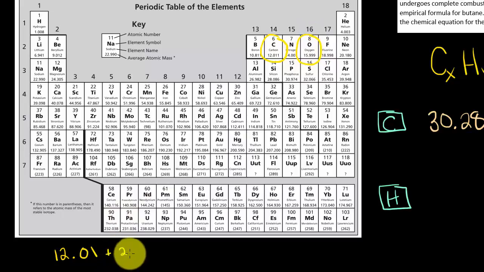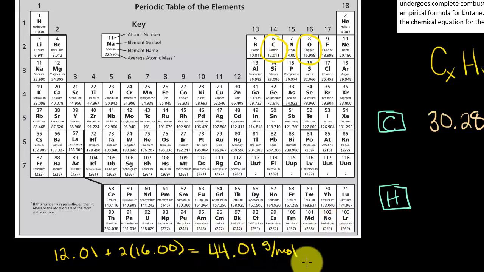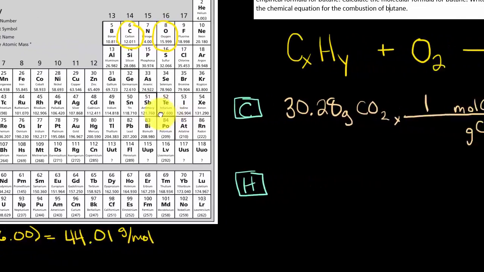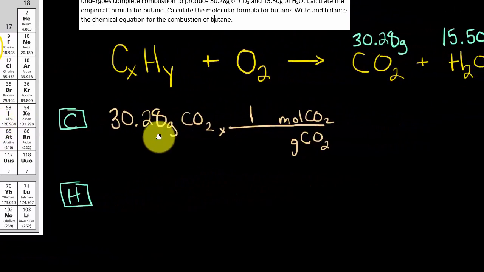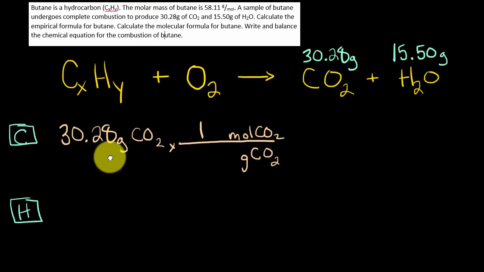We have two of them, so 2 times the molar mass of oxygen, which is 16. Our total is 44.01 grams per mole. Because we're going to be doing lots of calculations with CO2 and water, it's advisable to memorize the molar mass of CO2 and water because they're really common and it'll save us some time in the future.